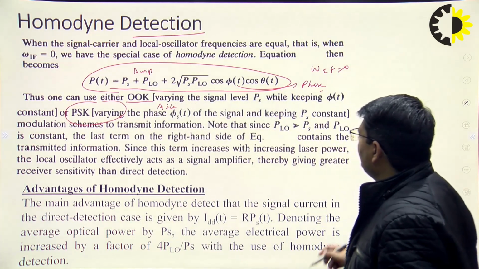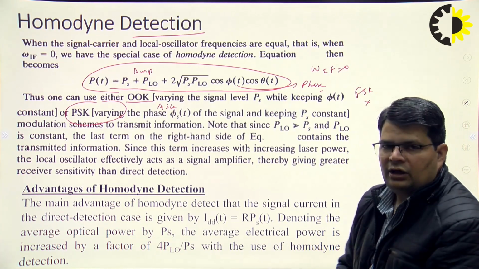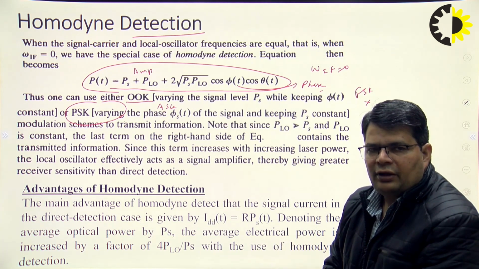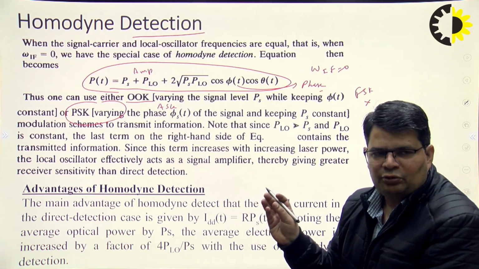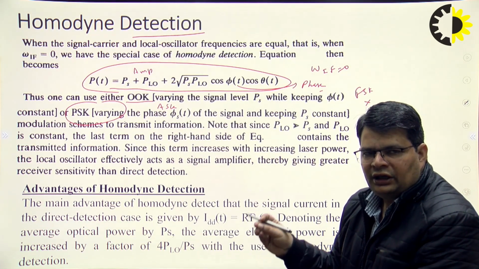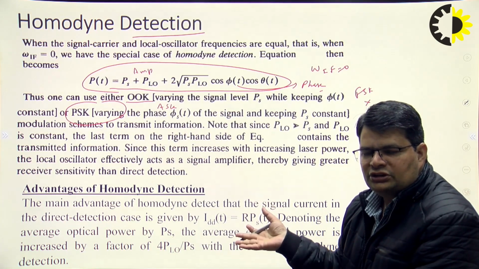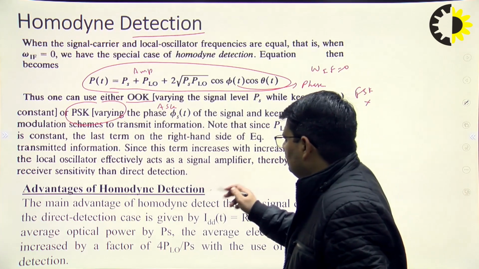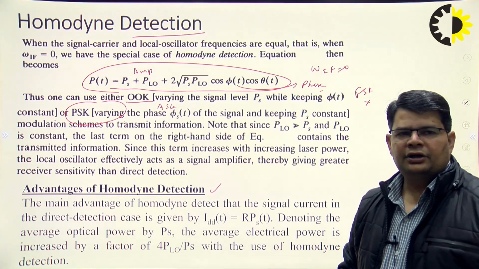In homodyne detection, FSK cannot be applied, but we get the advantage of better performance. But there is a disadvantage: there is a requirement of matching, tuning, and an additional PLL circuit or tuning circuit may be required. That may also cause some increase in the cost of the system. So these are the advantages and disadvantages of homodyne detection.